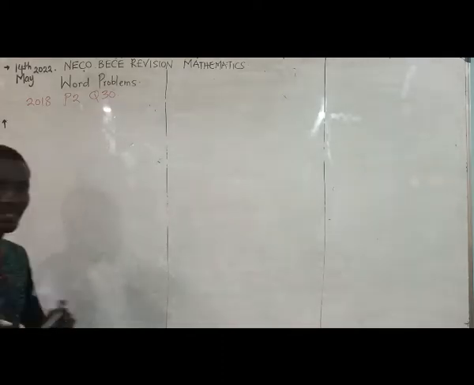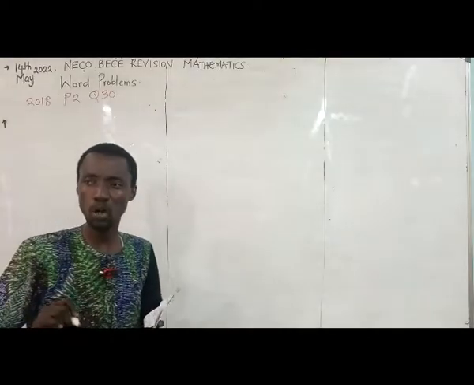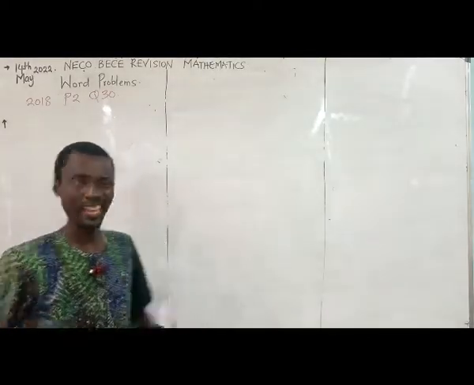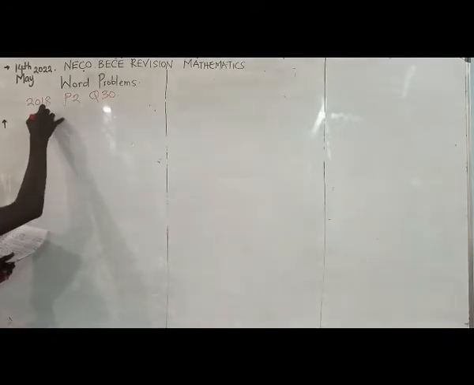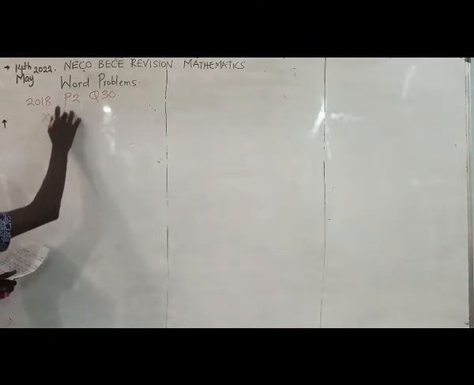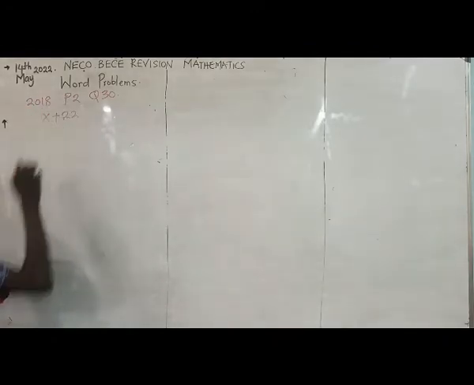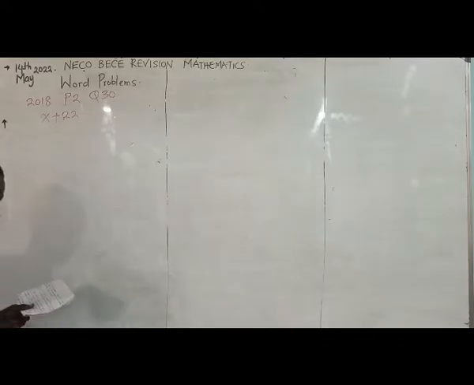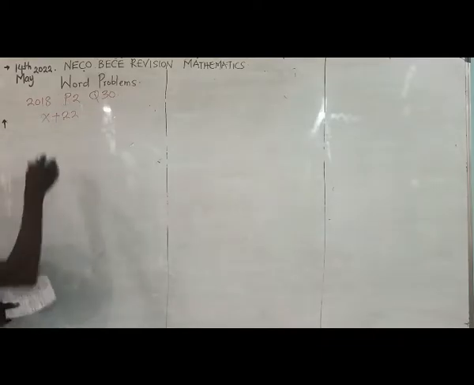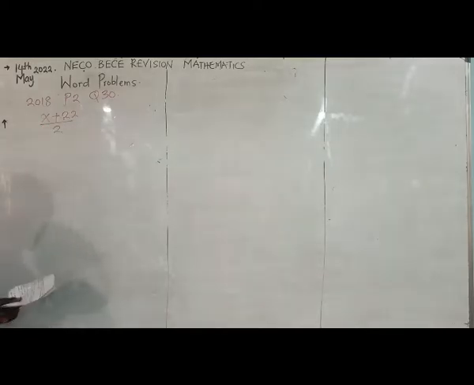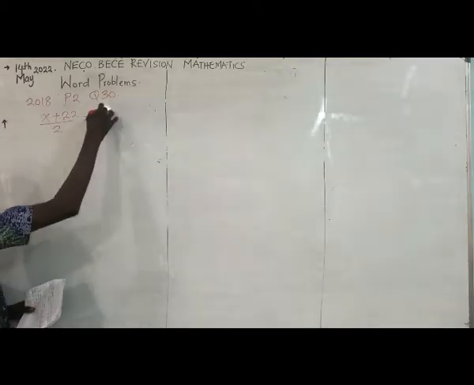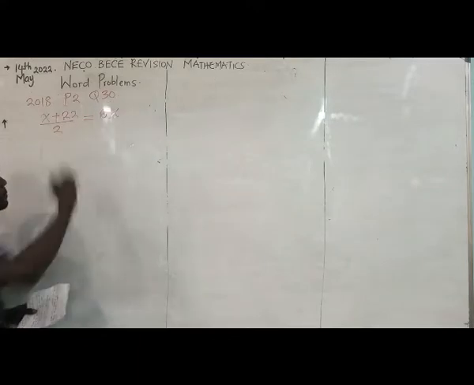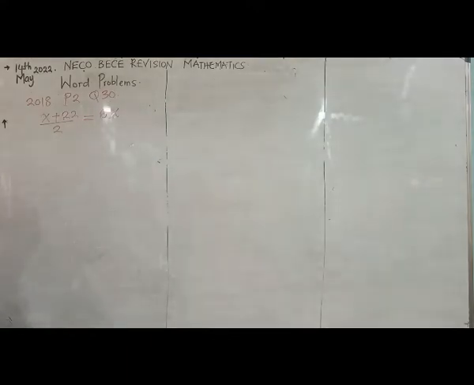Now, here it is, they didn't say a certain number. They say added to what? A number. So we use what? X. So it will be X plus 22. And then the sum is divided by 2. The result is 6 times the number. Find the number.